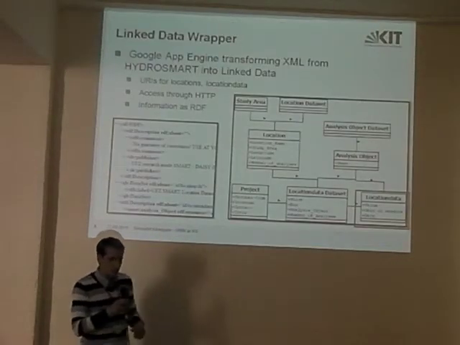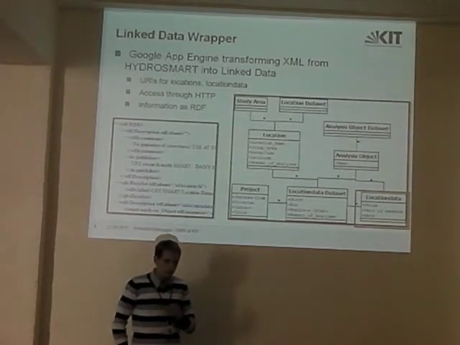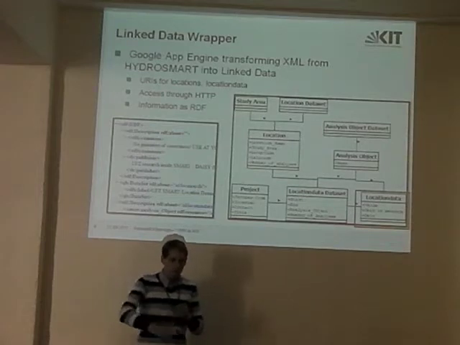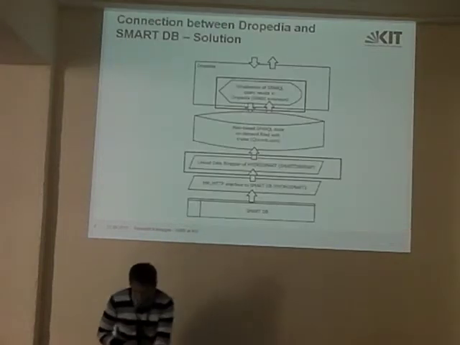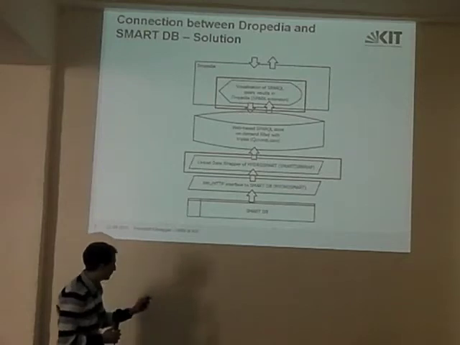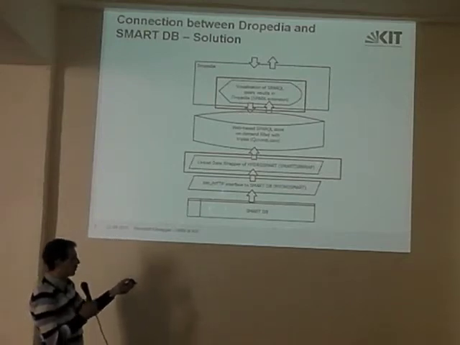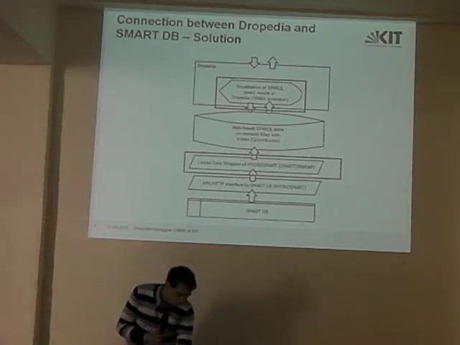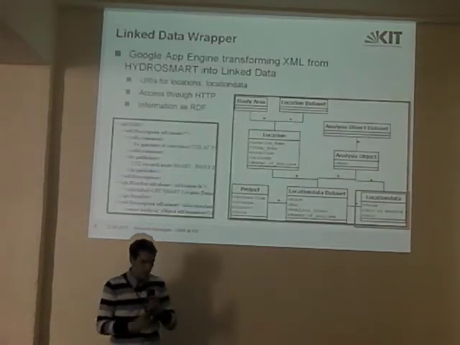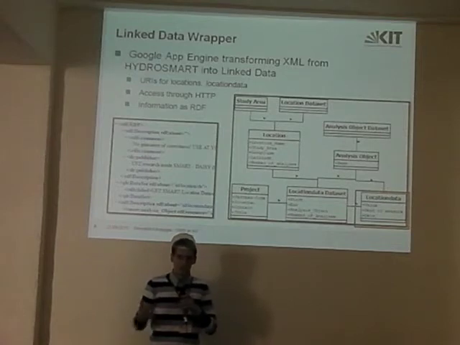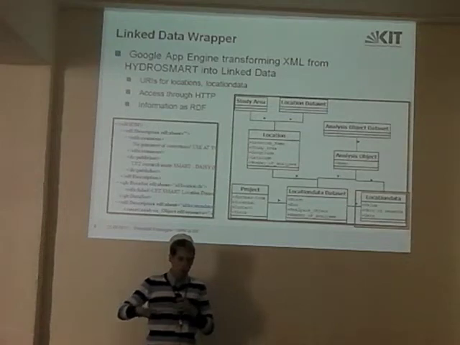So for the linked data wrapper, we use Google App Engine to transform the XML from the HydroSmart, this is the interface to the Oracle database, and provide it as linked data. So we give locations and location data URIs, we allow access through HTTP, and we return the information as RDF.